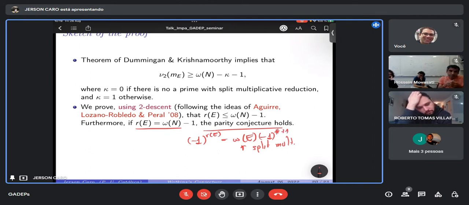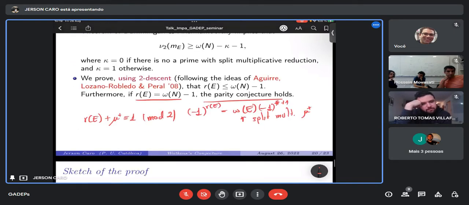So that in particular says that the rank and this number, let me put mu plus, the number of primes with split multiplicative reduction, have opposite parity. That's what the parity conjecture says.